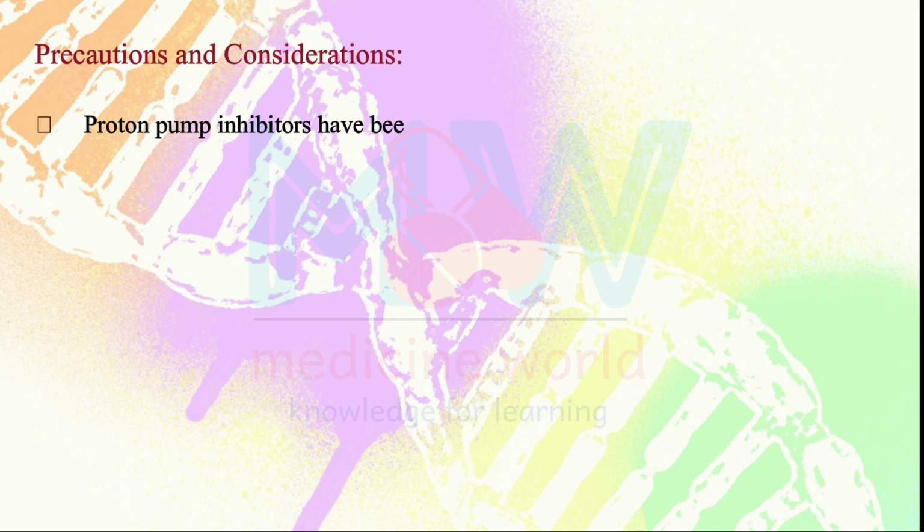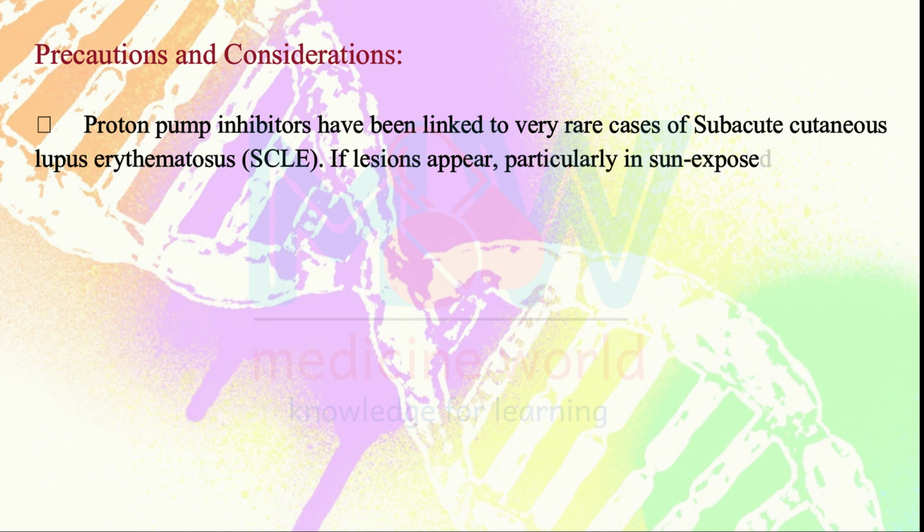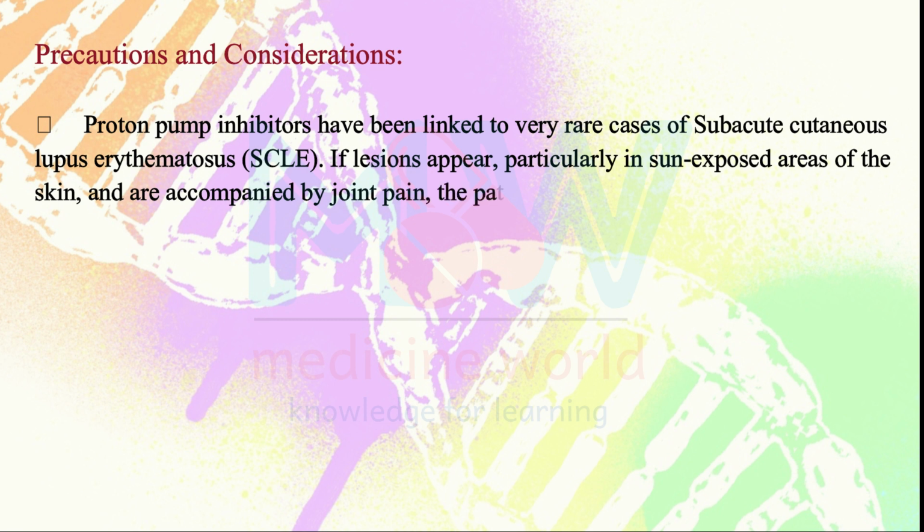Proton pump inhibitors have been linked to very rare cases of subacute cutaneous lupus erythematosus, SCLE. If lesions appear, particularly in sun-exposed areas of the skin, and are accompanied by joint pain, the patient should promptly seek medical attention.